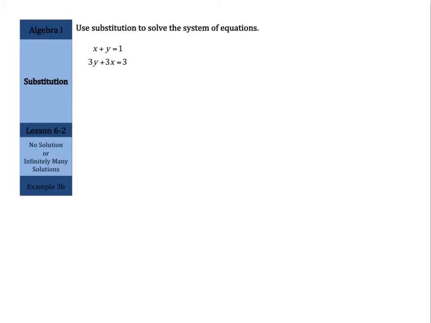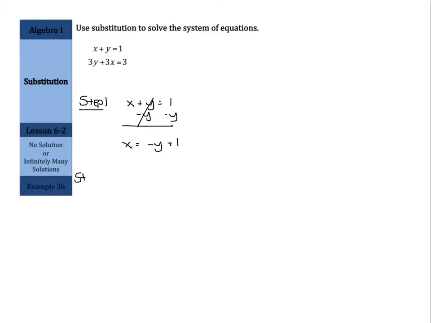Now if we use substitution to solve another system of equations, if I have x plus y equals 1, let's make this simple. Let's subtract y from both sides to solve for x again. X equals negative y plus 1.